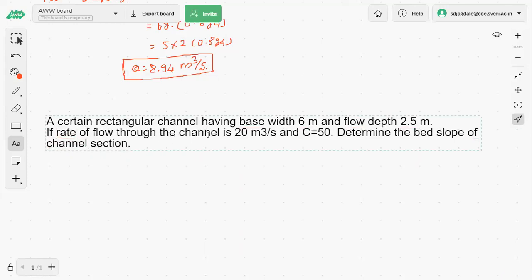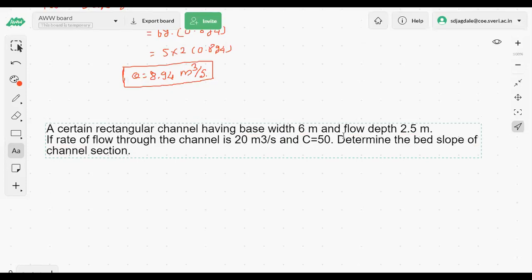A certain rectangular channel having base width 6 meters, and flow depth 2.5 meters. It is a rectangular channel section, B as 6 meters, and the flow depth is 2.5 meters. If the rate of flow through the channel is 20 meter cube per second, that is, the discharge is given to us as 20 meter cube per second, and Chezy's constant is also given as 50. And what is asked: determine the bed slope of a channel section. It means S0 they have asked to calculate.